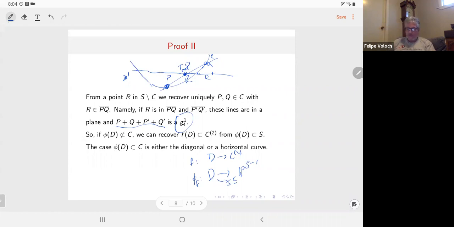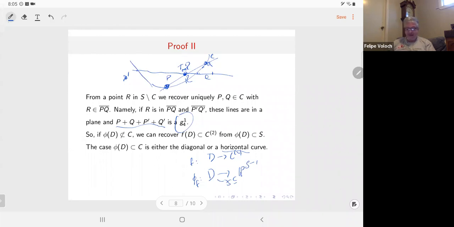If I have a horizontal curve, it could happen that one of the endpoints is always R. As homework, see what happens in the horizontal curve case, and see how R becomes P or Q. But I'm not going to do that here. If you look at the paper, the details are there.